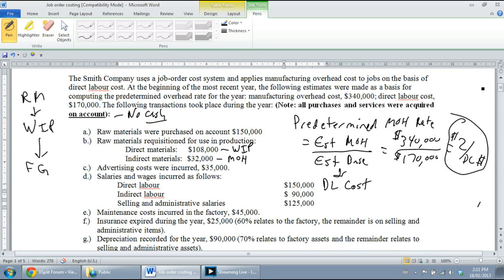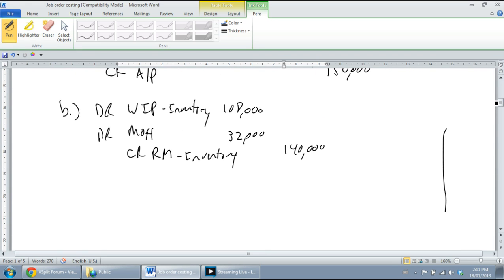The 108 grand are direct materials, part of the product, so we put them into WIP. Indirect materials that don't go right into the product, like lube for the machines or cleaning supplies for the factory floor, we put into overhead. Debit WIP, debit MOH, credit raw materials inventory.